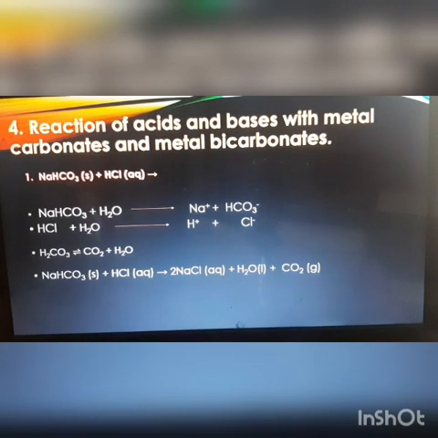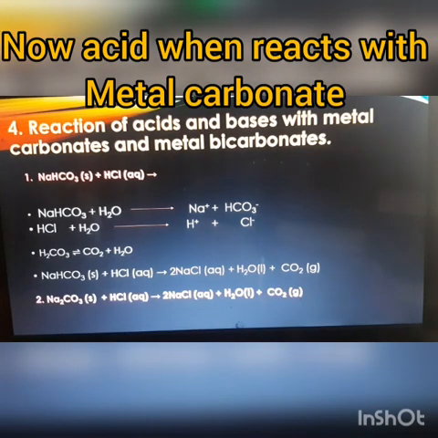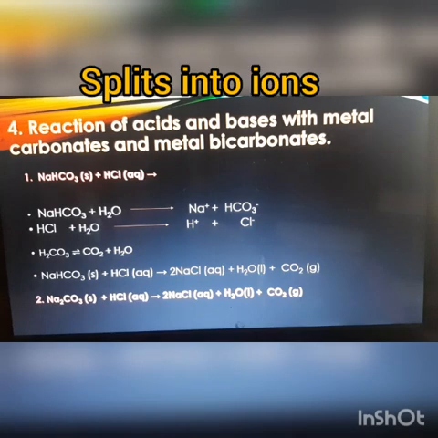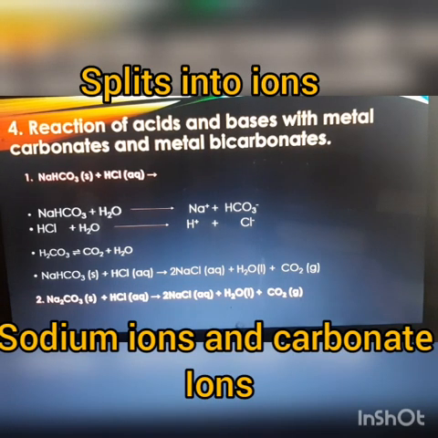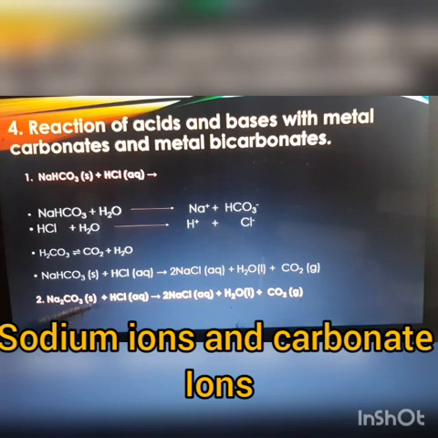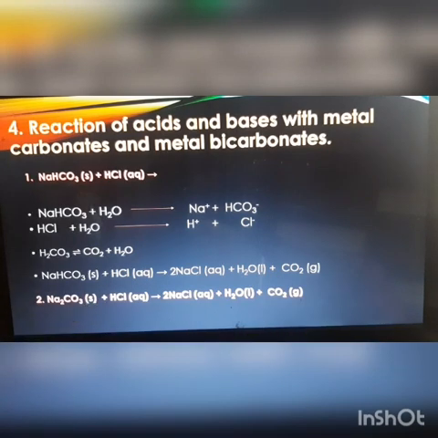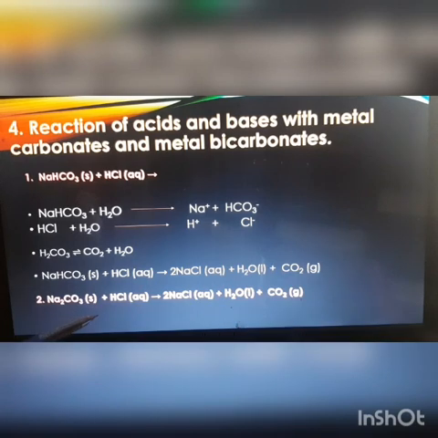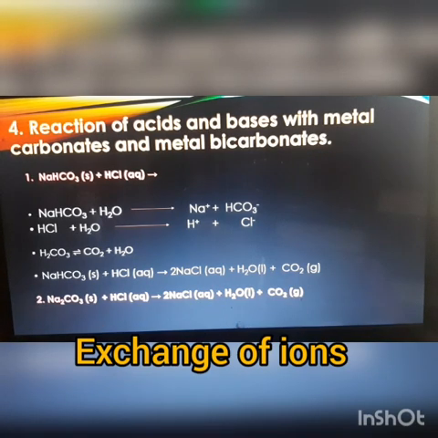And that's why when the acid reacts with sodium carbonate or metal carbonates, the sodium carbonate, when it comes in contact with water, splits into ions, and HCl also splits into ions. Now there is an exchange of ions. The sodium ion goes to the chloride and forms sodium chloride.